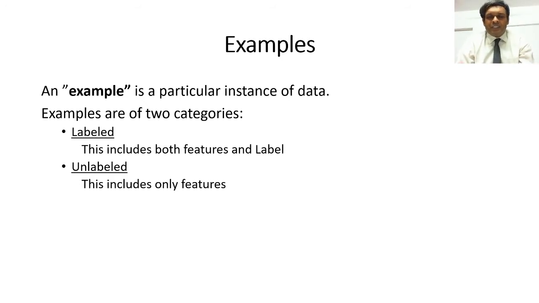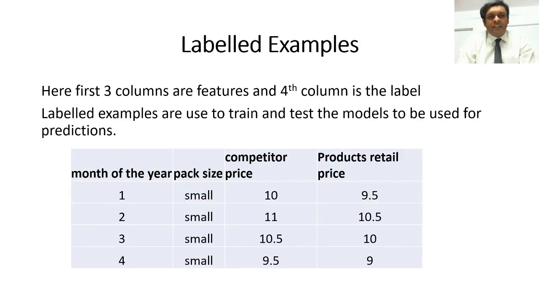That is nothing but an example. Examples are of two categories: one is labeled and another is unlabeled. Labeled includes both features and label. Unlabeled includes only features. I will elaborate more on that.